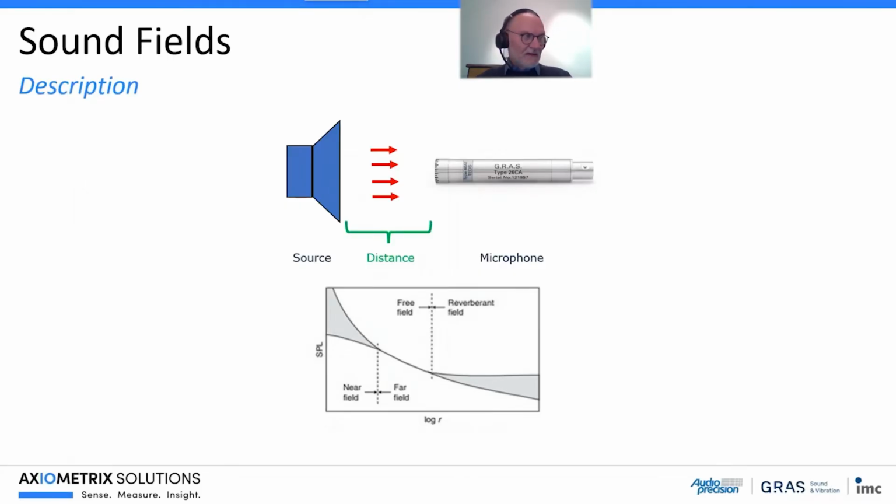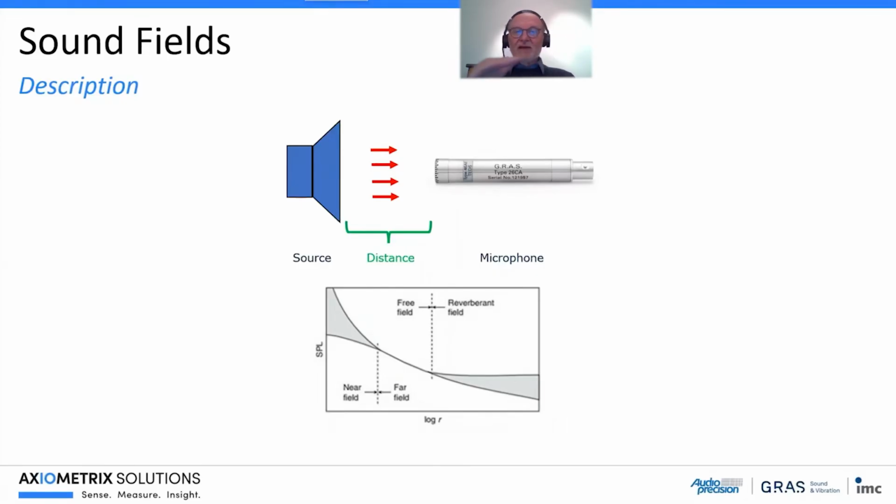So it means if we are at a distance of 1 meter from the source and we double the distance to 2 meters, then the output of the microphone is 6 dB less.